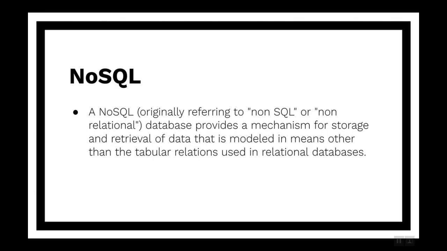So before we actually understand what MongoDB is, we need to understand what NoSQL databases are. NoSQL, however you want to call it, is referring to the non-SQL or non-relational databases. So before we understand NoSQL, it is helpful to understand what SQL is, which is a query language used by relational database management systems.